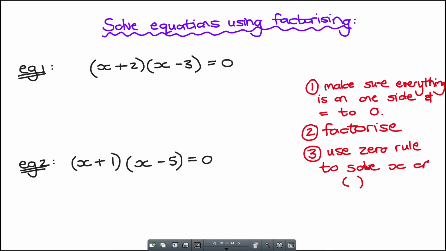Now, you guys know that anything multiplied with 0 will also be 0. Anything times 0 will be 0. So we are basically going to use that rule. You will see that I have two brackets here. Don't write this, I'm just explaining.